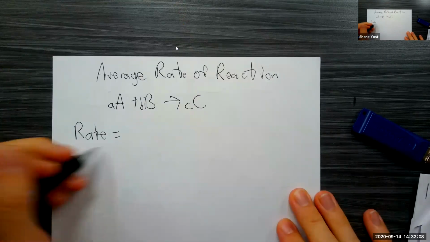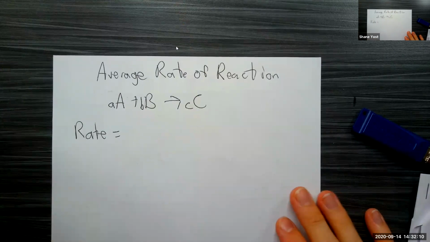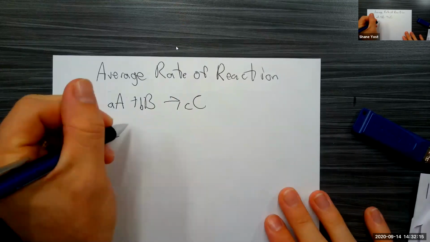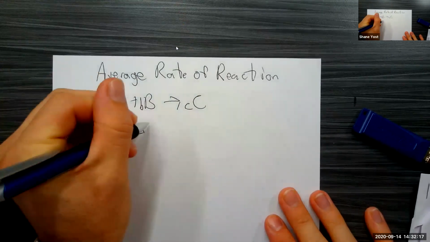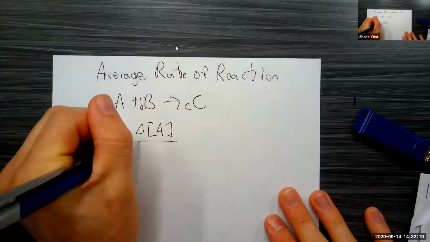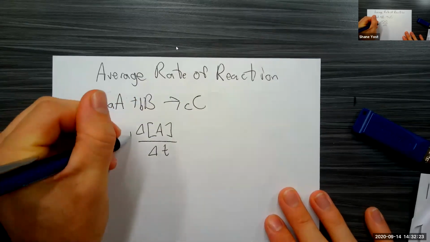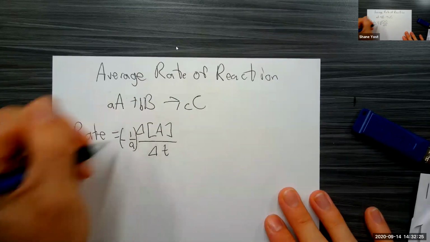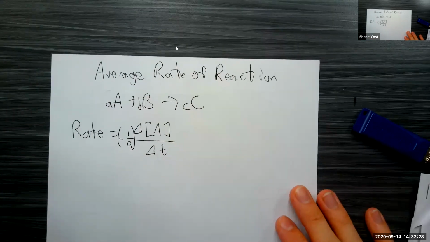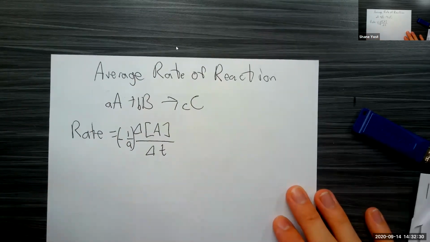So if I talk about the rate of a reaction, the average rate of reaction, that is going to be defined with the rate of change of the concentration of A over some change in time, times 1 over its stoichiometric coefficient, in this case negative 1 over that stoichiometric coefficient.